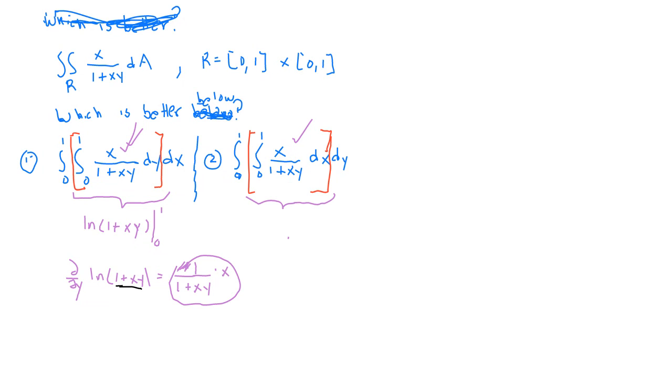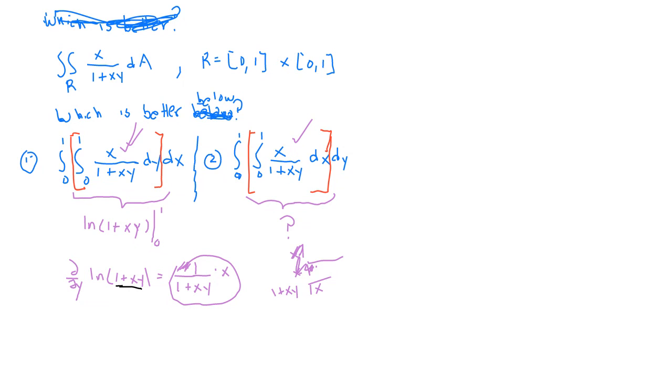Here, though, I'm not sure what the antiderivative of that would be with respect to x. We might have to rewrite it. Maybe take x here and divide it by 1 plus x times y.